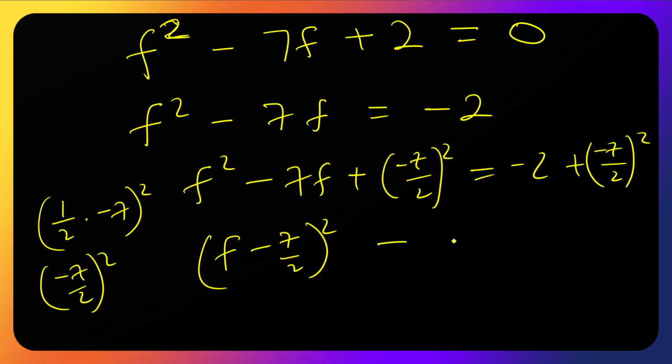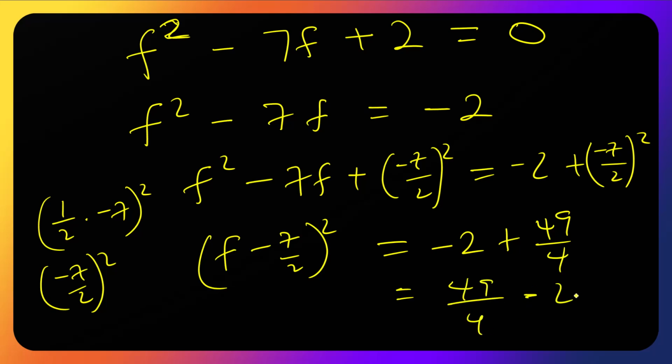So we have minus 2 plus 49 over 4, which is the same as 49 on 4 minus 2. So f minus 7 on 2 all squared.